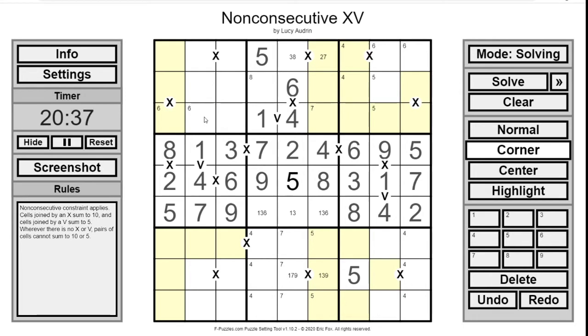First off, 8 can only go there and there. The other thing was that 6s have something similar going on. So let's look at everything affected by 6s.